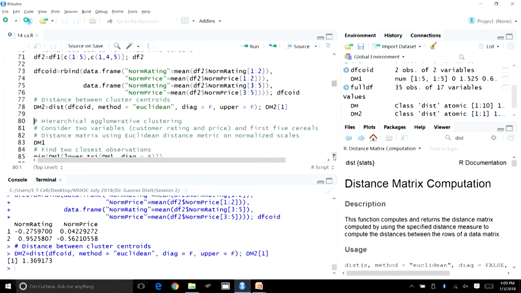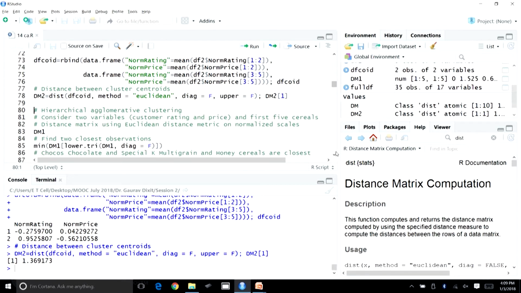Now let us start our discussion of hierarchical agglomerative clustering, the algorithm that we have discussed just now. For understanding this algorithm further, let us consider these two variables once again, rating and price, and we will consider the first 5 cereals only.